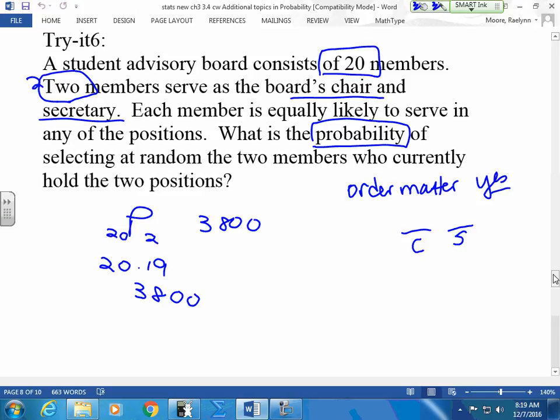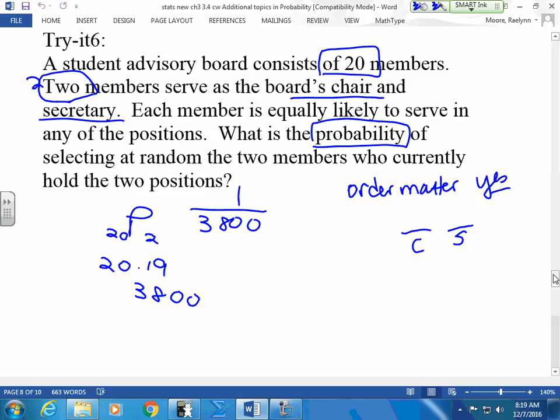How many ways do I have the exact pair? Tori's chair, Harande's secretary. How many ways is that going to happen? 1. So my probability is 1 over this.